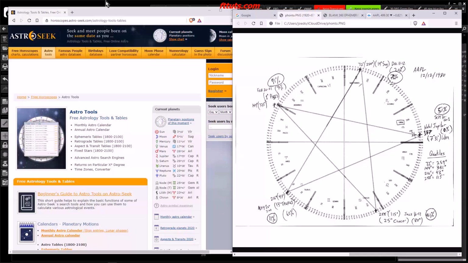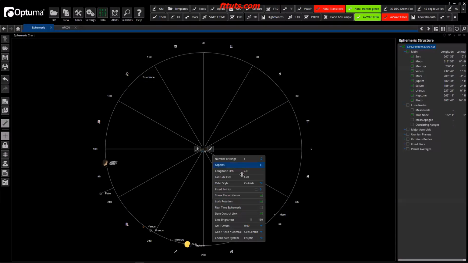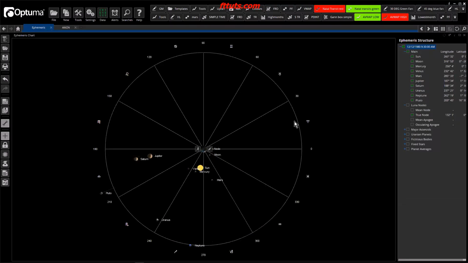Actually, maybe I should take a quick look at this ephemeris. I can show somewhat of a real-looking position here. Basically, this is somewhat the real position of the planets.